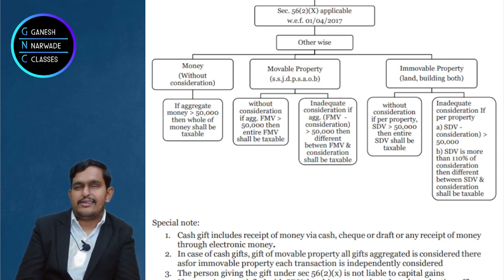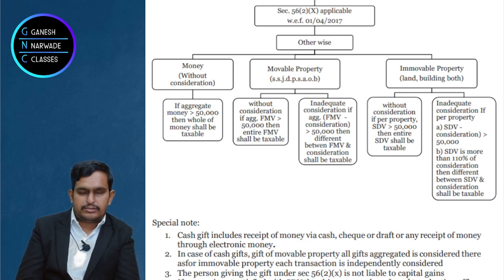Then we will see the difference. 10 lakhs worth stamp duty value asset you got for 3 lakhs consideration, so 7 lakhs is the difference. And this 7 lakhs is more than 50,000. So the entire 7 lakhs is taxable.